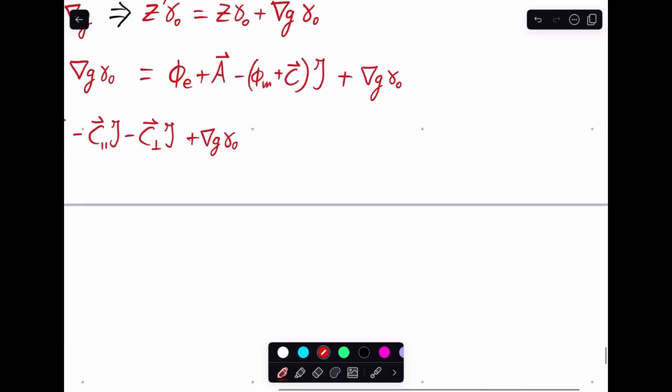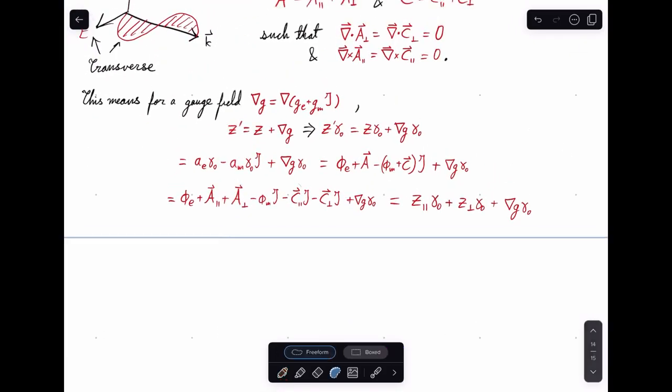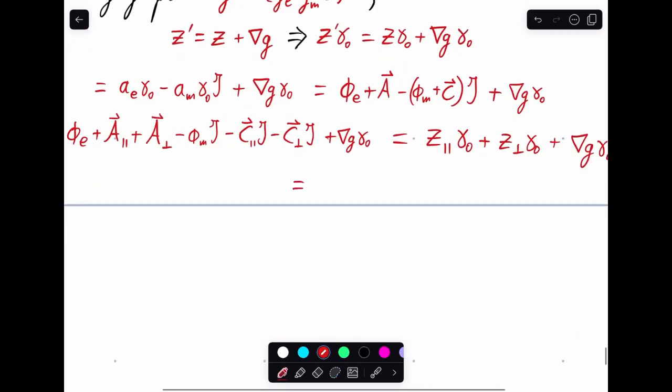And this, you can call this z parallel gamma naught plus z perpendicular gamma naught plus divergence of g gamma naught, which you can just call z prime parallel gamma naught plus z prime perpendicular gamma naught.